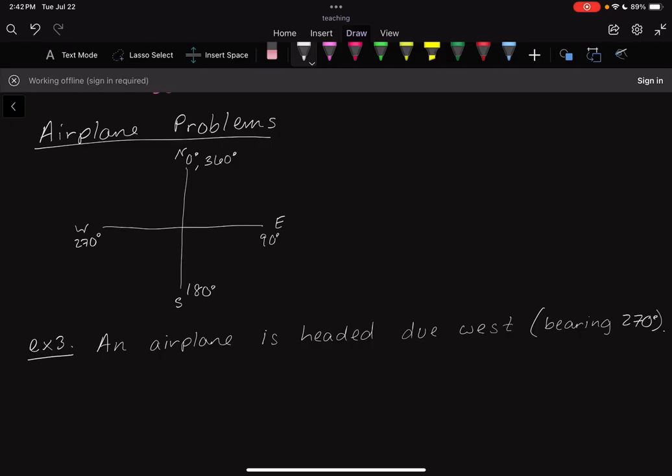They often won't tell you both of those pieces of information, but this is our first one, so we're giving you a lot of information. With an airspeed of 250 miles per hour.